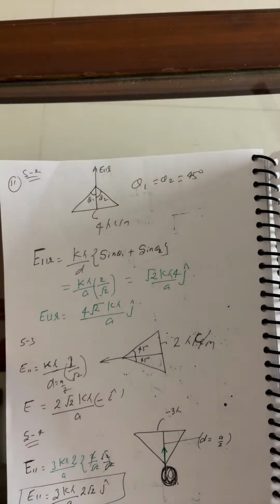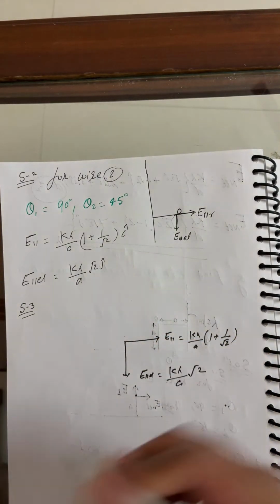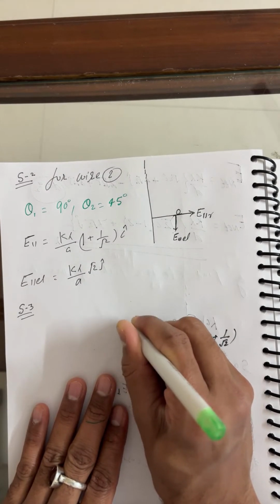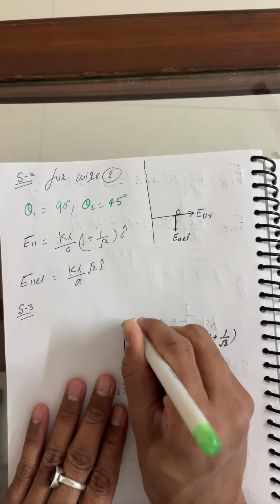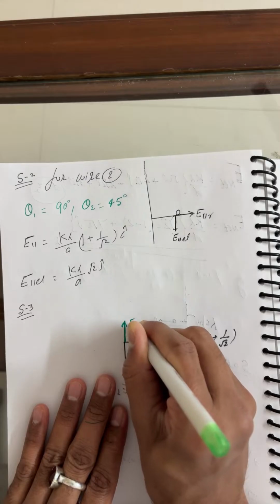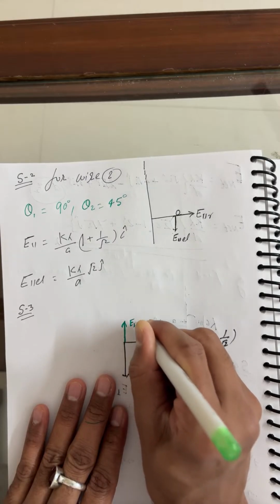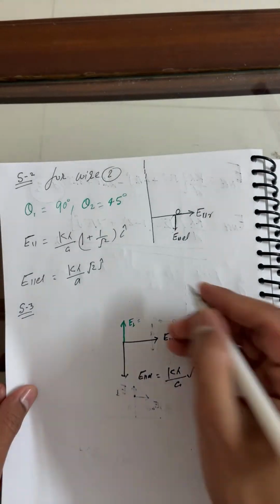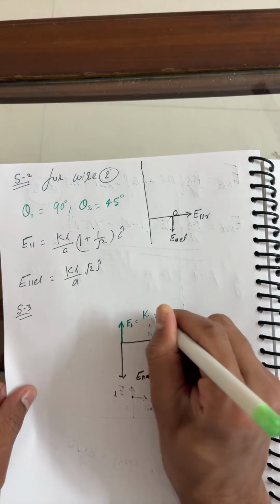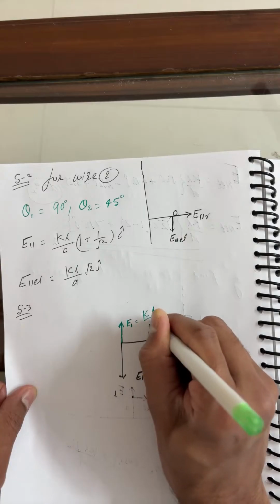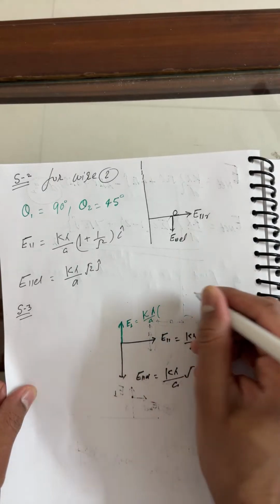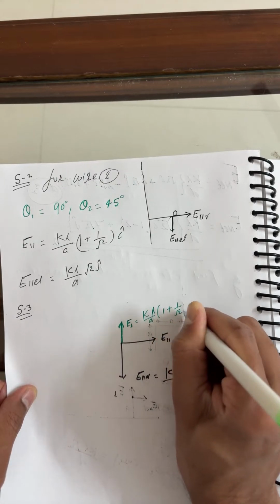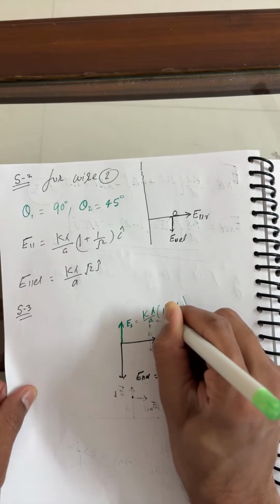Now for the previous wire, wire 1. This is perpendicular: K lambda upon A, 1 plus 1 by root 2.